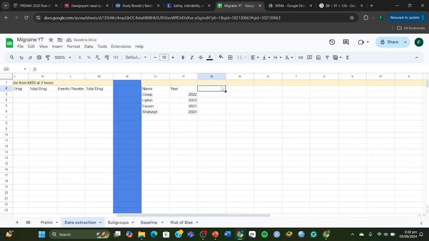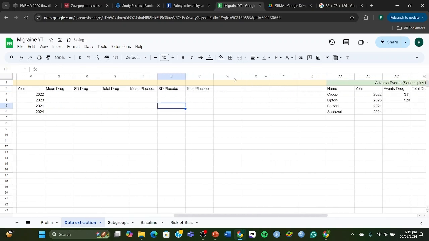Now, the thing that you're gonna do right here is the mean of your drug, standard deviation of drug, total number of patients in the drug. Okay, now that's the difference. These two right columns right here are the difference. Once again, mean placebo, SD placebo. That's how you're gonna pool such a variable.